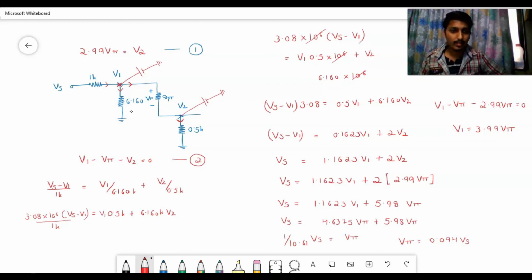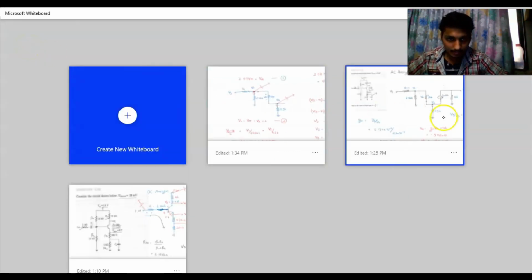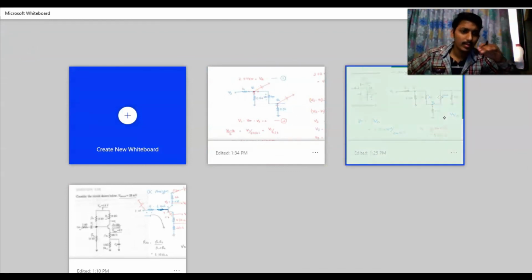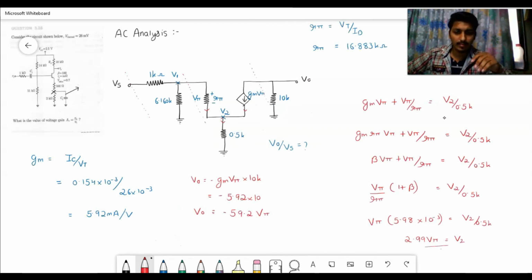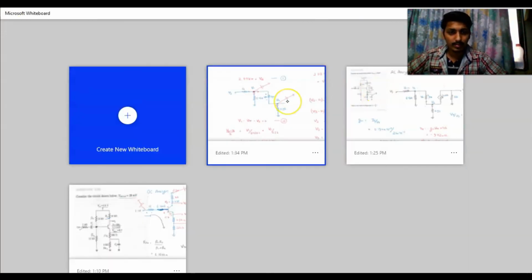So substituting in V0, if we see the V0 equation, V0 comes out to be minus 59.2 V pi. We have V pi. If we substitute in terms of Vs, we will get the voltage gain. So V0 equals minus 59.2, I will substitute it.